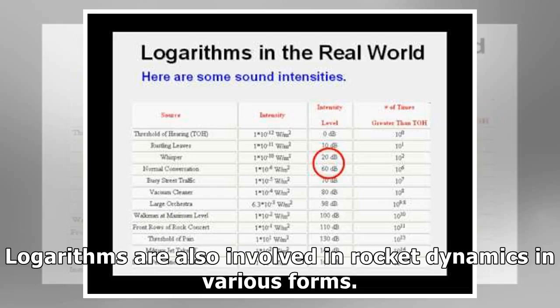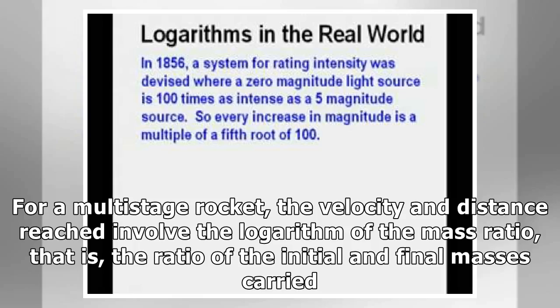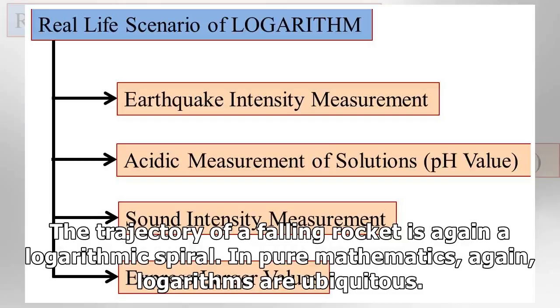Logarithms are also involved in rocket dynamics in various forms. For a multi-stage rocket, the velocity and distance reached involve the logarithm of the mass ratio, that is, the ratio of the initial and final masses carried. The trajectory of a falling rocket is again a logarithmic spiral. In pure mathematics, again, logarithms are ubiquitous.